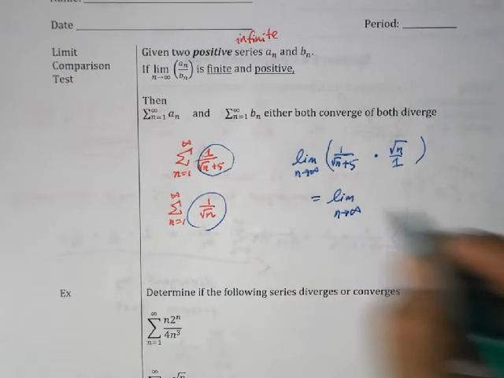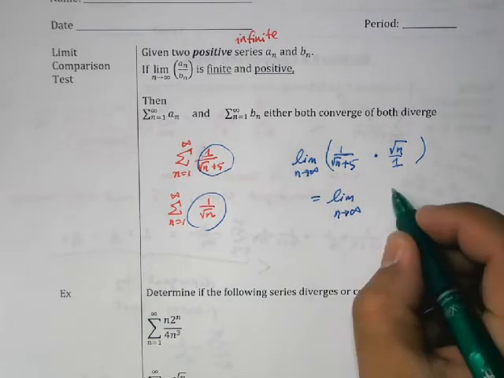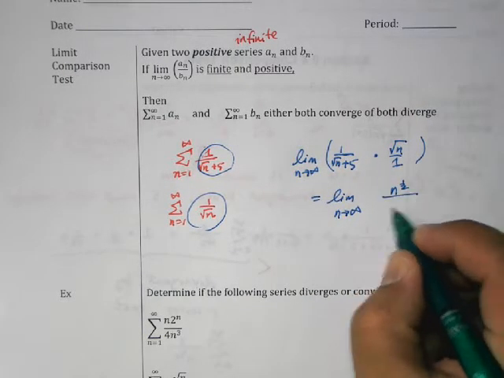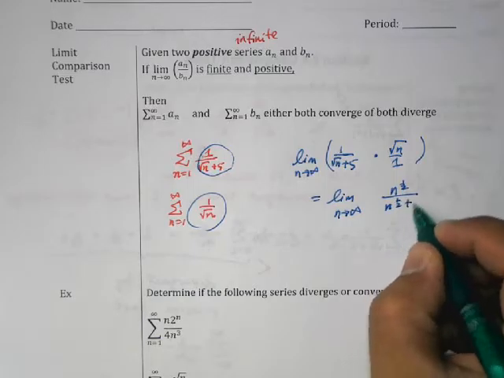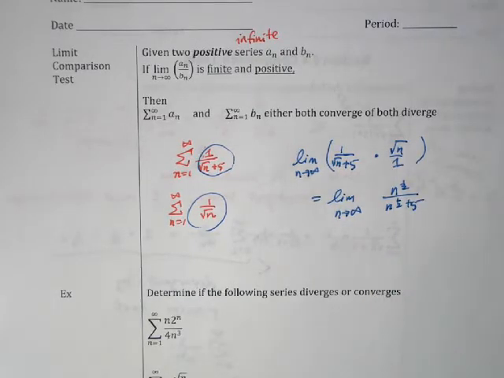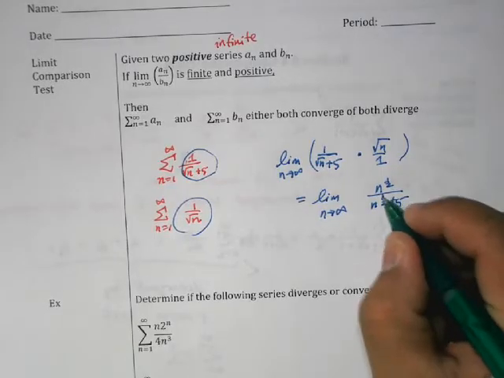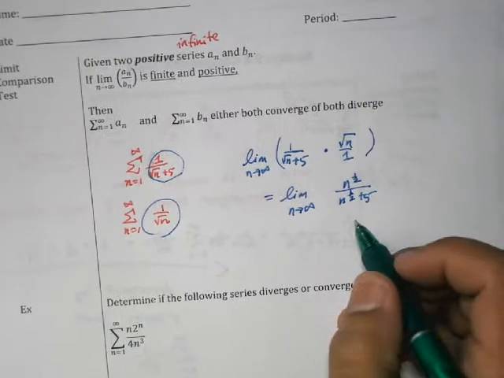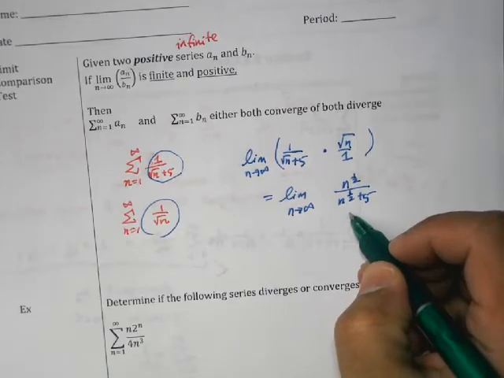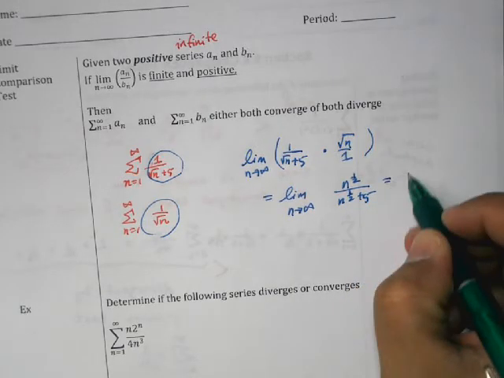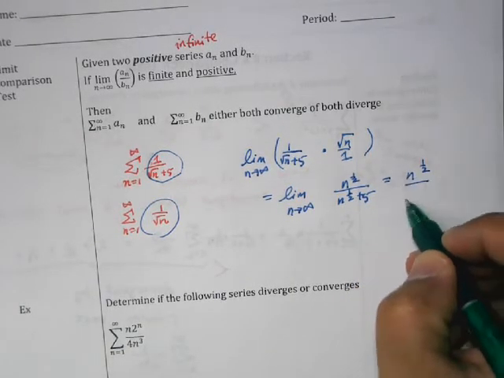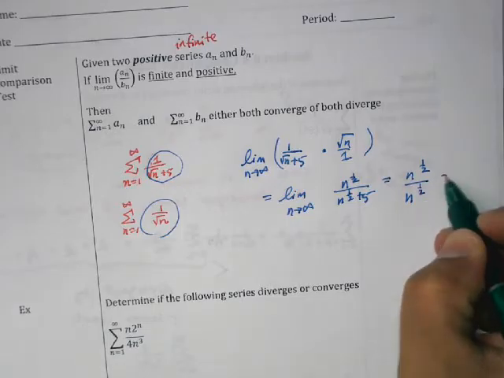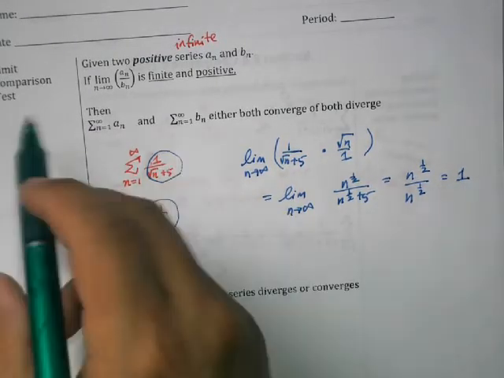This is the limit as n approaches infinity of n to the 1/2 divided by n to the 1/2 plus 5. Okay, so by using leading terms, n to the 1/2 and n to the 1/2, in the long run this is going to behave like n to the 1/2 over n to the 1/2, which is equal to 1.